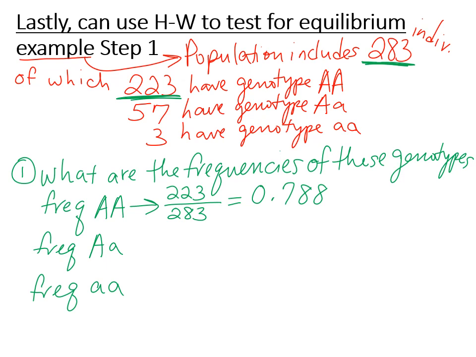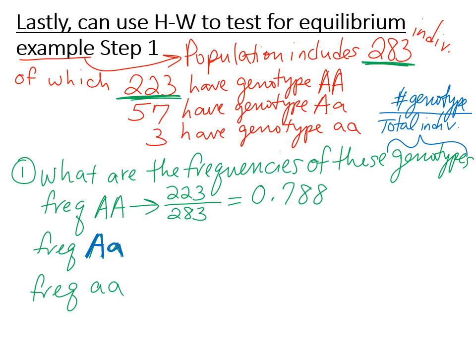So to get the frequencies of each genotype, you do the number with that genotype divided by total individuals.